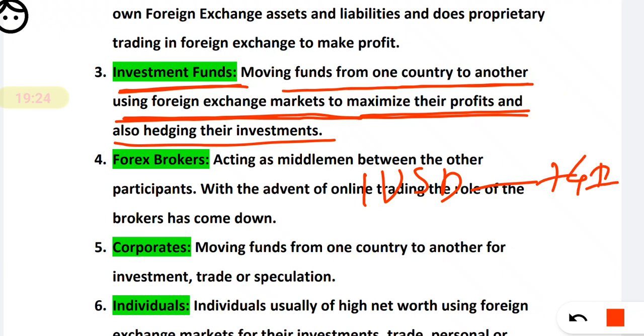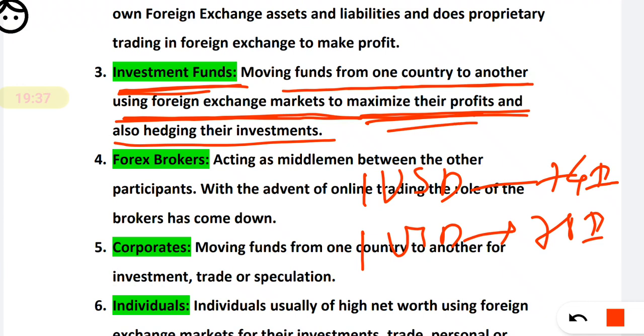Now you have $1 again, but the rate has changed. You will obviously sell, right? The investment fund will do it in the same way. They will purchase and sell to maximize profit. In that way, investment funds can also participate in foreign exchange deals and transactions.